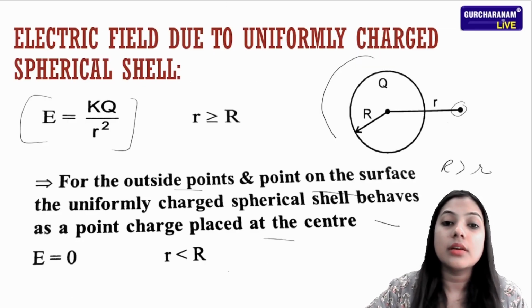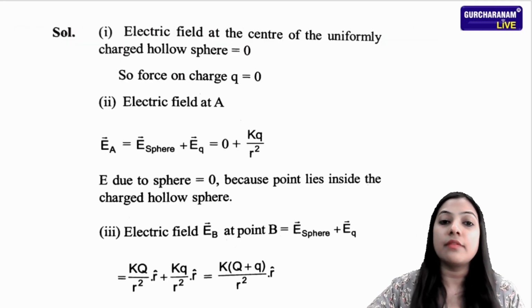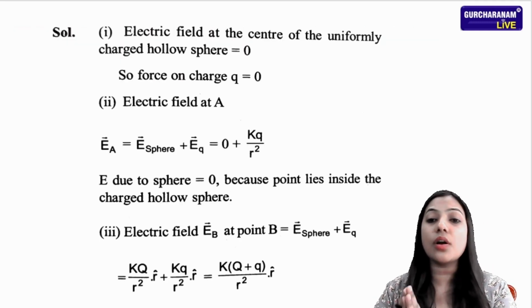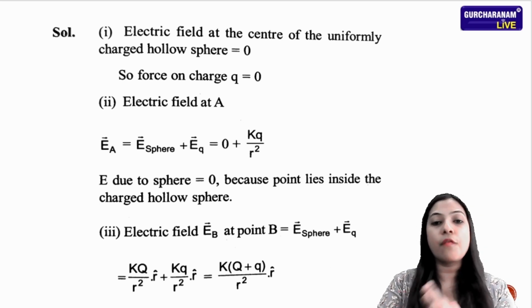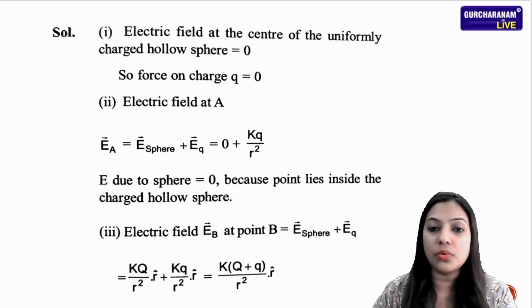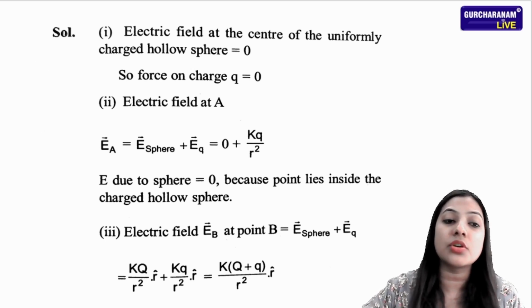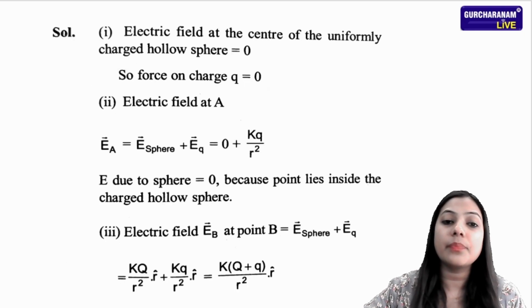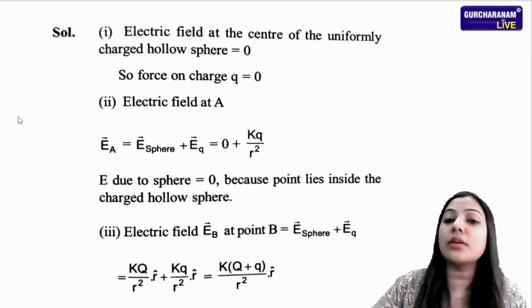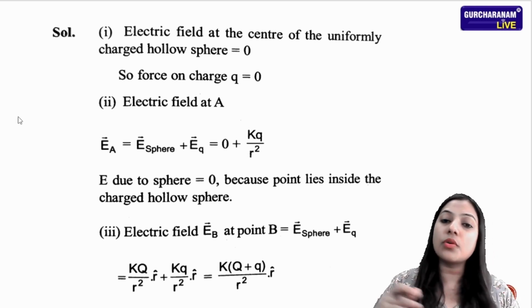Why? Because we learned that the electric field is 0 at the center of the sphere. So the electric field at the center of a uniformly charged hollow sphere is equal to 0, and therefore the force on charge q is also 0.